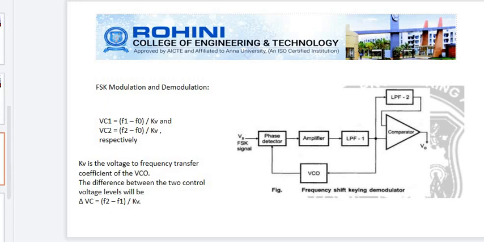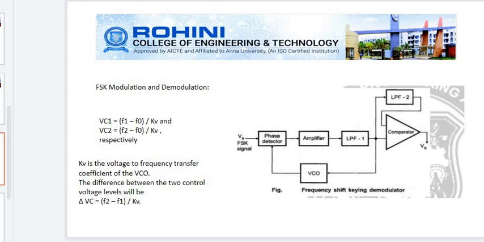This PLL is designed to remain locked with the FSK signal for both frequencies F1 and F2. So the voltage controlled oscillator generates the control voltage that is fed to the comparator. So Vf1 is given by F1 minus F0 divided by K0. F0 is the VCO output signal. F1 is the phase detector input.